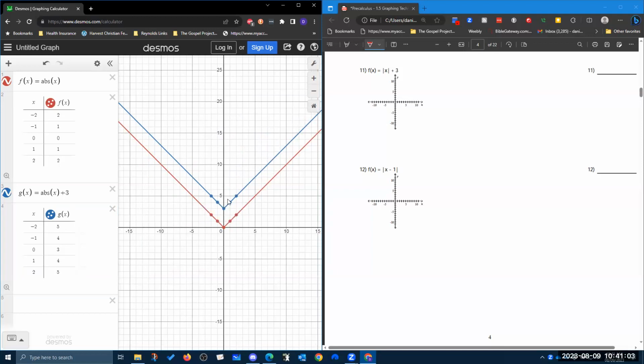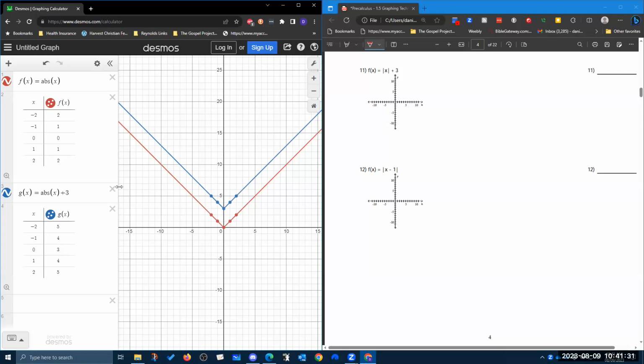And I get that again in my blue function, that these points on the right are reflected to the left. But we see that every point in red has been shifted up by a value of 3. So that's 0, 3. This is 1, 4. This is 2, 5. This is -1, 4. And this is -2, 5.